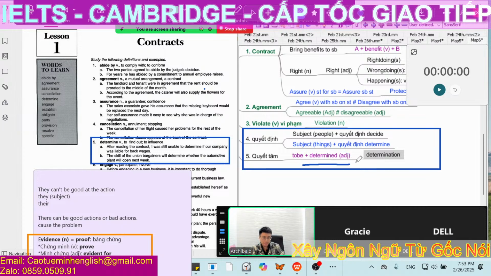So you have to be determined once you decide to do something. If you are determined enough, if you are deeply determined, you are gonna complete your step and finish the plan that you have created. That is it for decide, determine, determination and determined.